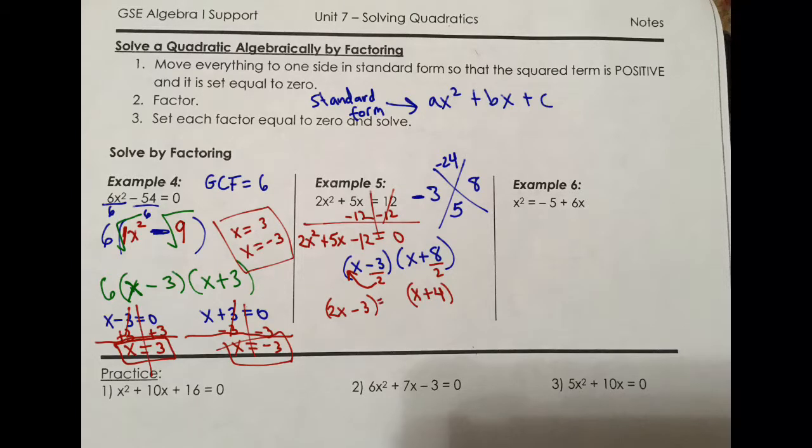And then we'll set both of these equal to 0 and solve. So let's work with the left side first. You have a negative 3, so we'll do plus 3. Get that on that side, so we have to do it on this side. That leaves us with 2x is equal to 3.